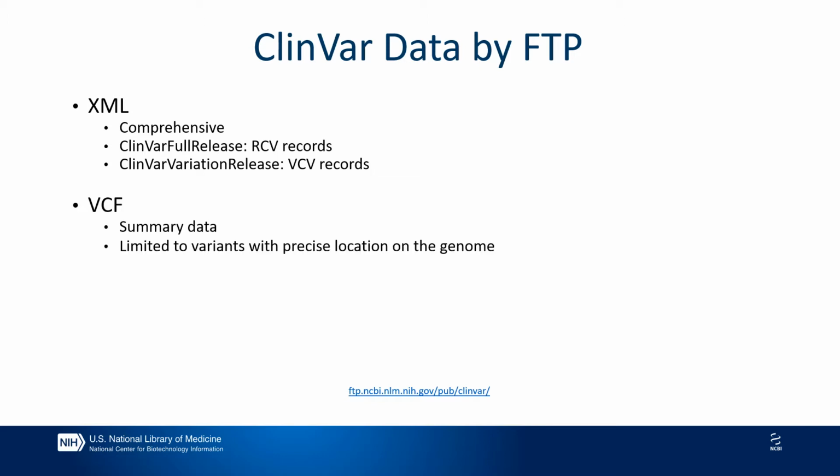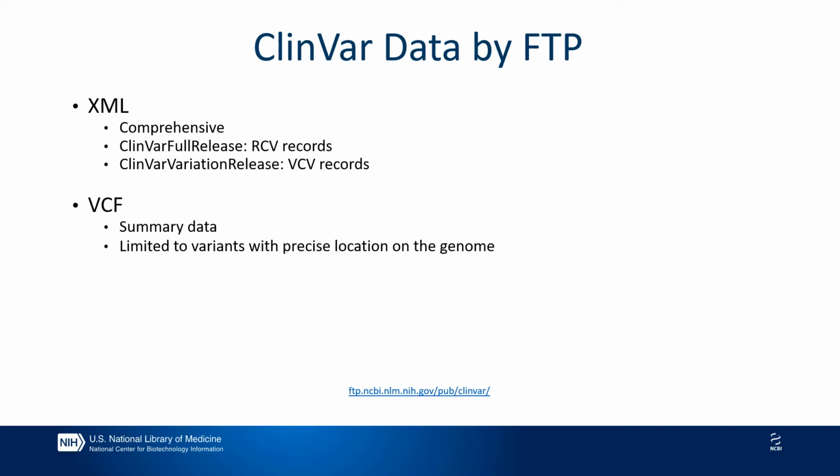We also have ClinVar data available in VCF format. The VCF files are very convenient to use. There's lots of tools that handle VCF files, but these files are not comprehensive in two ways. So a VCF file is a fairly flat format, so it really only contains summary data and not all of the rich data and relationships that we can represent more easily in XML.